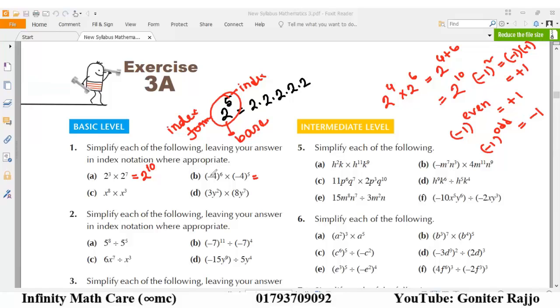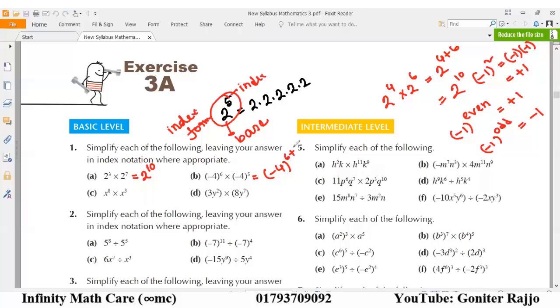Now look at minus 4 to the power 6 multiplied by minus 4 to the power 5. We can solve this problem in two different ways. Minus 4 is the base and 6 is the index. Minus 4 is the base and 5 is the index. If both bases are the same, we have to add the powers.